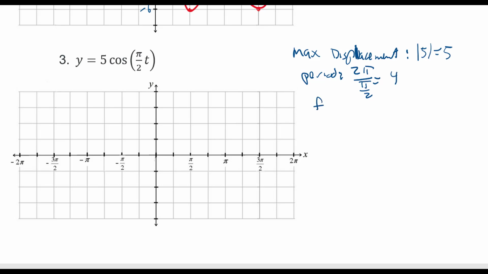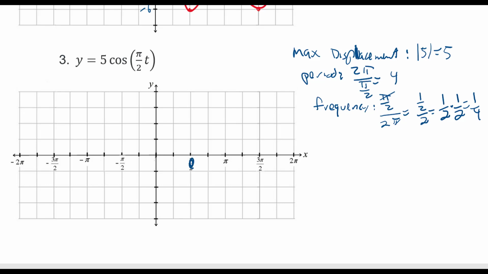And the frequency is going to be pi over 2 over 2 pi. So the pi's would divide out. 1/2 times 1 over 2, which is 1/4, which is the reciprocal of 4.